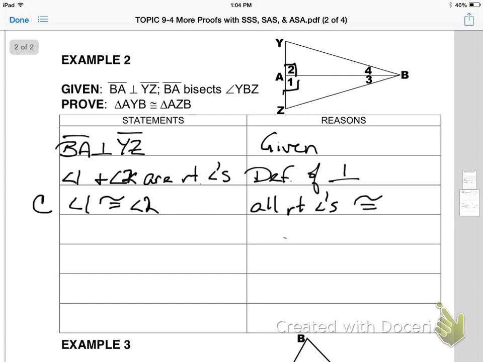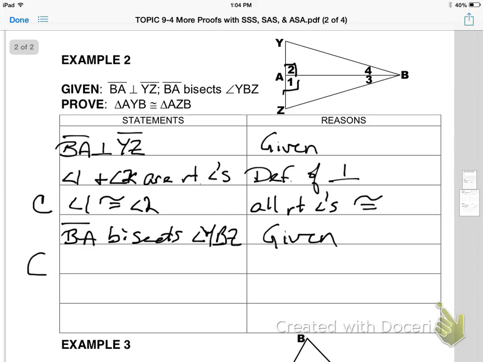So there's one congruency. Then we have that BA bisects angle YBZ, and that's a given. Okay, so that's going to lead us to these angles being congruent.